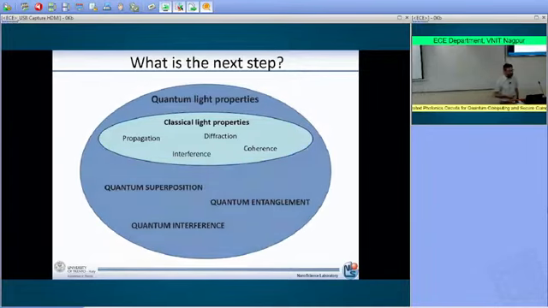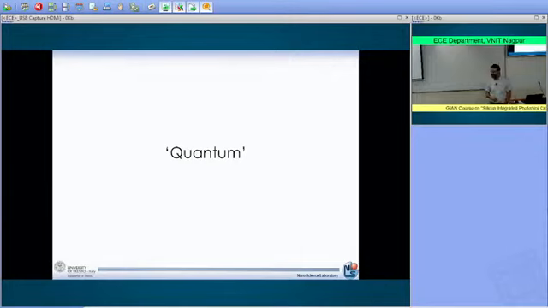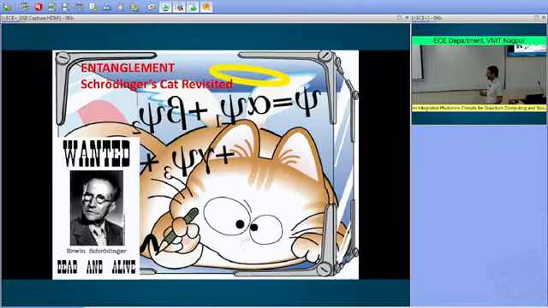But the situation changes if we move from classical light properties to quantum light properties. In this case, in addition to those concepts, we also need to discuss what quantum superposition, quantum entanglement, and quantum interference are. Each time we speak about quantum, we are considering strange phenomena that occur on the nanoscale.